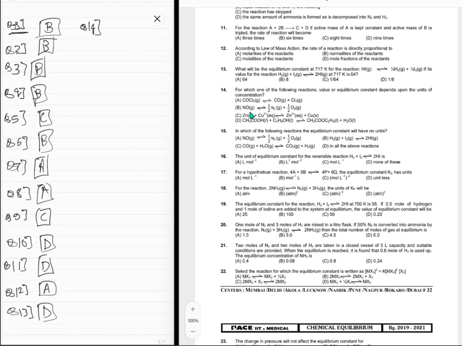So the first reaction does. Second reaction it doesn't, because the units just cancel out. You divide by the same thing, and then that same thing cancels. So it's just the pressure of N2, pressure of O2, square root of that upon pressure of NO, and not pressure of N2 upon P naught times pressure of O2 upon P naught.